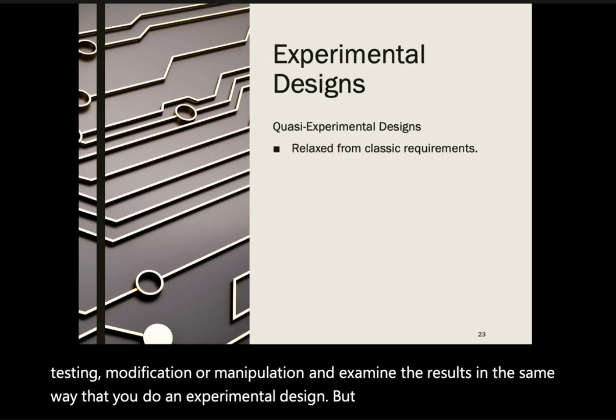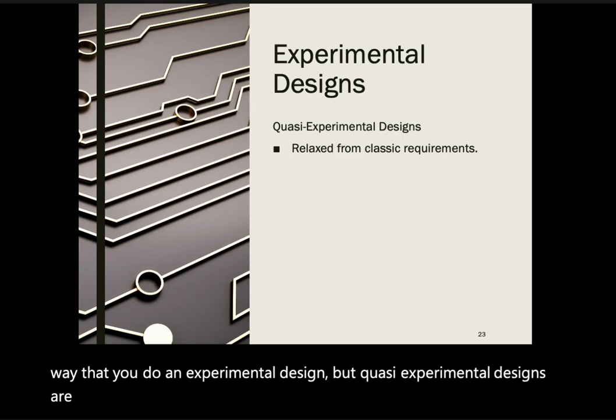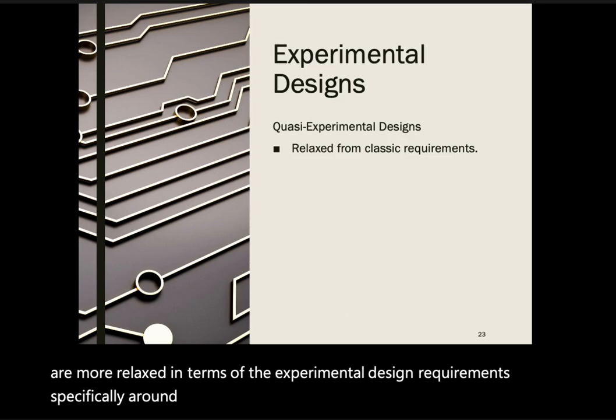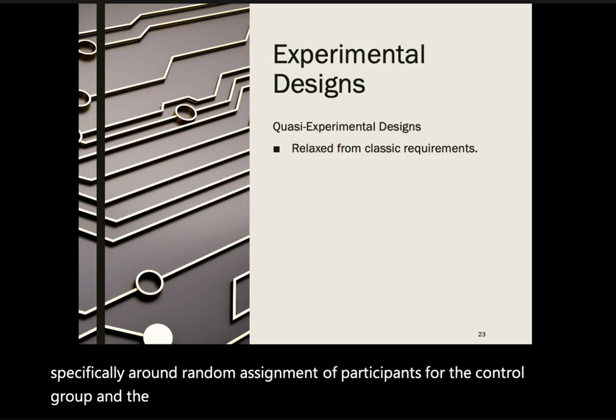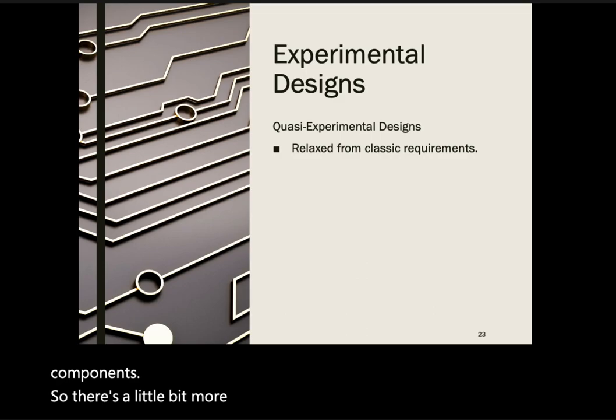But quasi-experimental designs are more relaxed in terms of the experimental design requirements, specifically around random assignment of participants for the control group and the experimental group, or around the pretest and post-test components. So there's a little bit more flexibility in that you don't need all of those things.